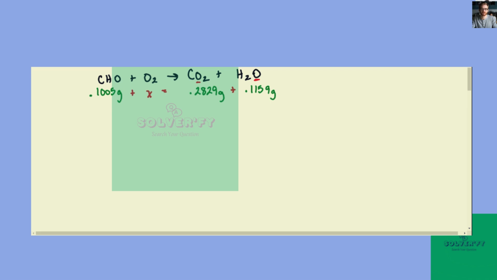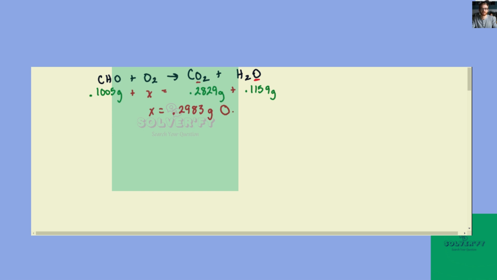this and change this into an algebraic formula. 0.1005 grams of our unknown compound plus X has to equal the mass of carbon dioxide plus the mass of water. When you solve this, you should get your X, or your mass of oxygen, to be 0.2983.